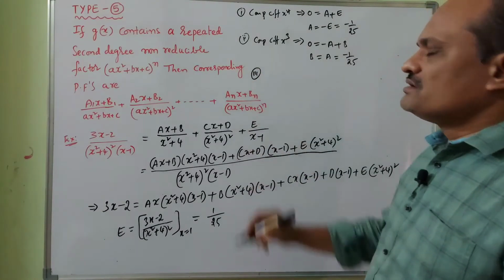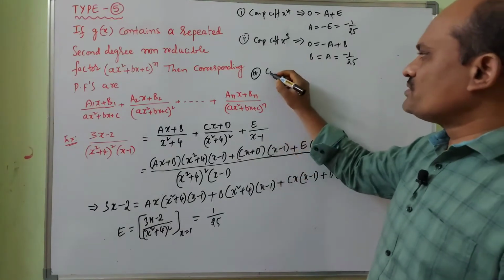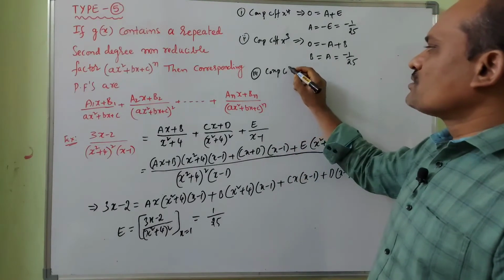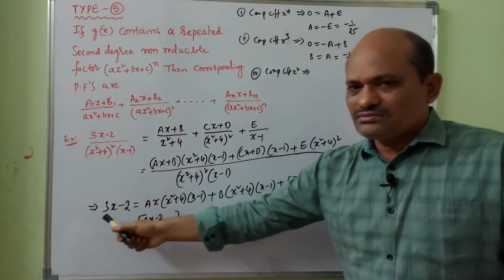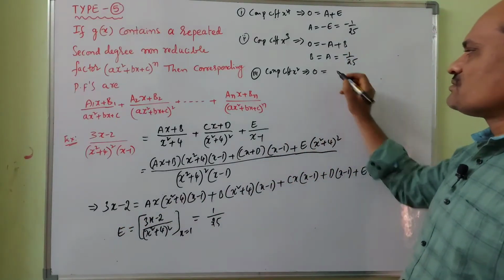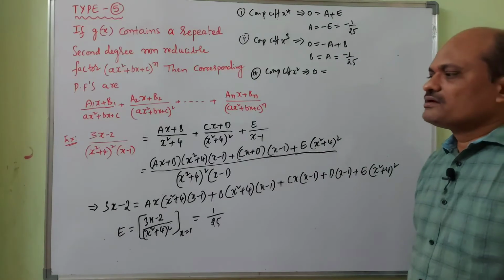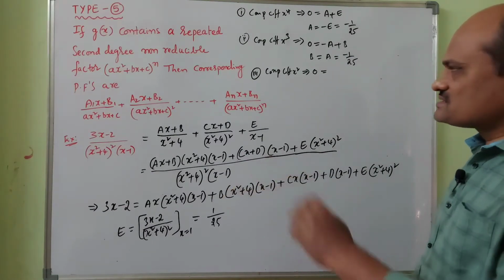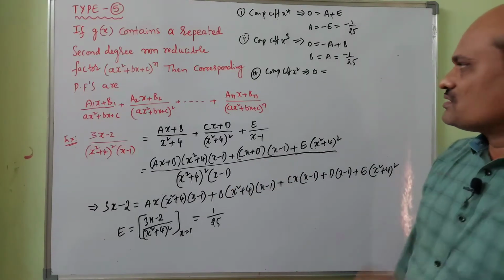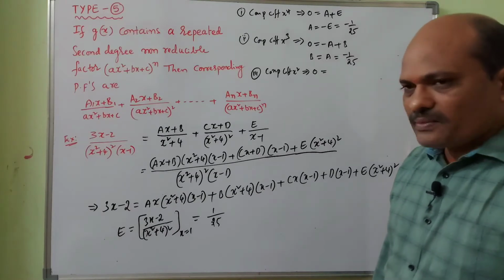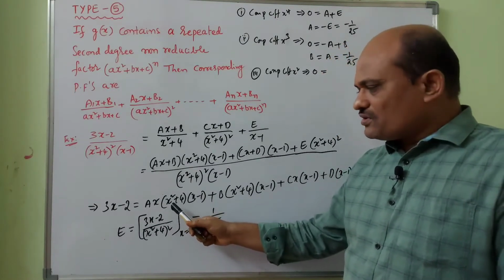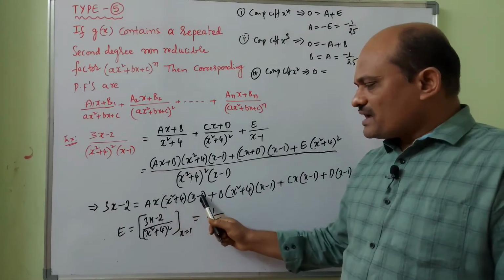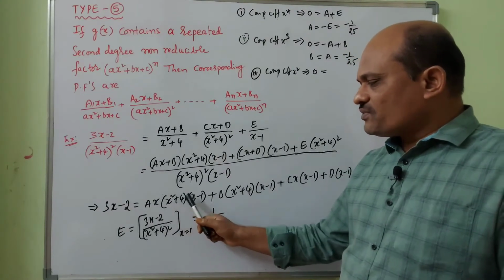Now the third one. Now I am going to compare the coefficient of x square on both sides. Here there is no x square term, so the x square coefficient on the LHS is 0. Now the x square coefficients, concentrate. If you multiply these two, I told you already, you get x cube minus x square plus 4x minus 4.